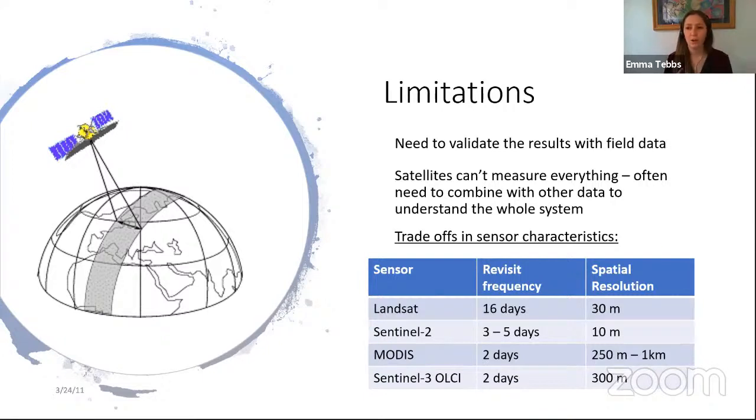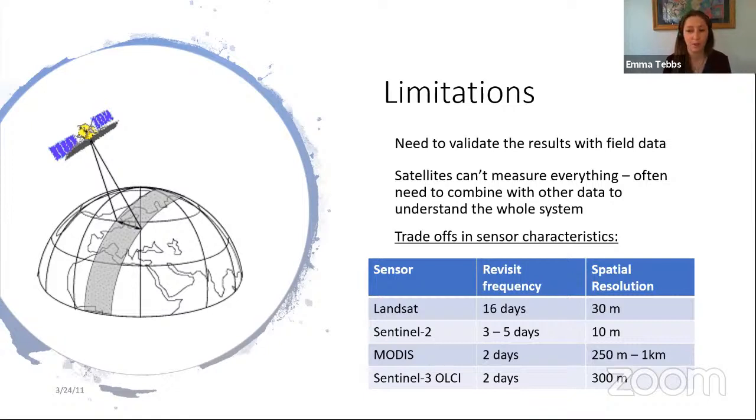There are also trade-offs in different sensors. So, for example, the Landsat sensor has a 16-day revisit frequency. So it collects imagery over the same point every 16 days and a 30-meter spatial resolution. There are now newer sensors like Sentinel-2 that have improved frequency.